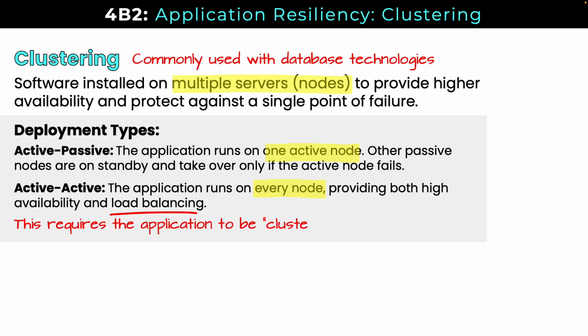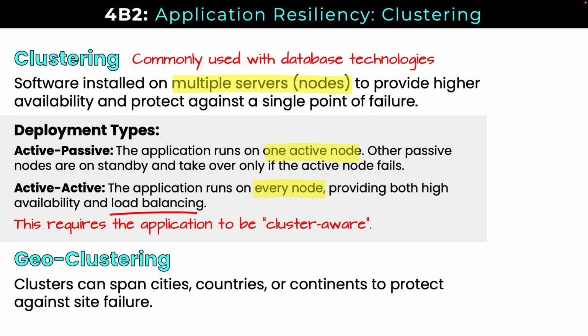But this also requires the application to be cluster aware. There's geo-clustering. So clusters can actually span cities, countries, or continents to protect against site failure. And there are actually different PaaS or platform as a service database technologies in the cloud where geo-clustering can be implemented with a few clicks of the mouse.